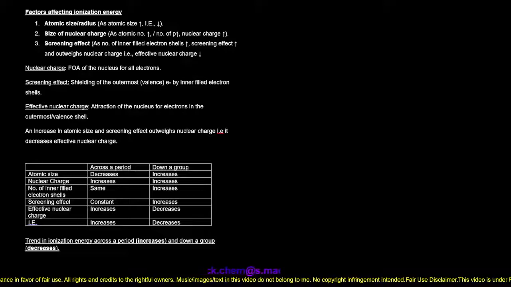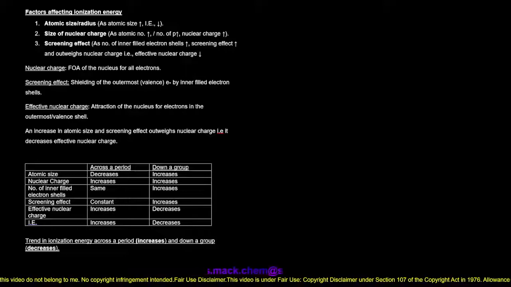What you must also take into account is the number of inner filled electron shells. Because it is the same across a period, this is why atomic size will decrease. Because it increases down a group, this is why atomic size is going to increase.